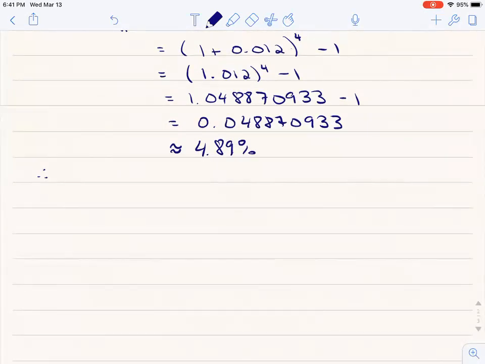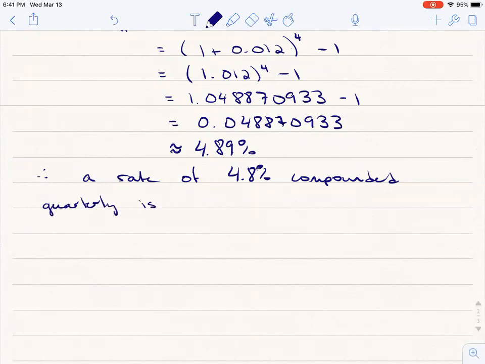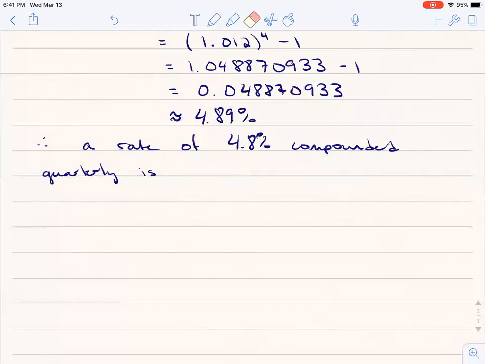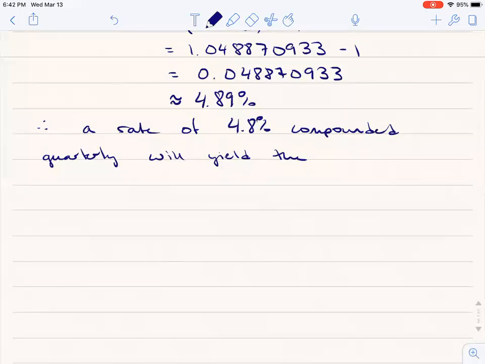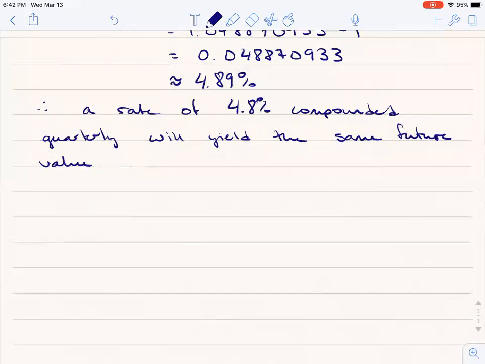So therefore, a rate of 4.8% compounded quarterly will yield the same future value as 4.89% compounded annually.